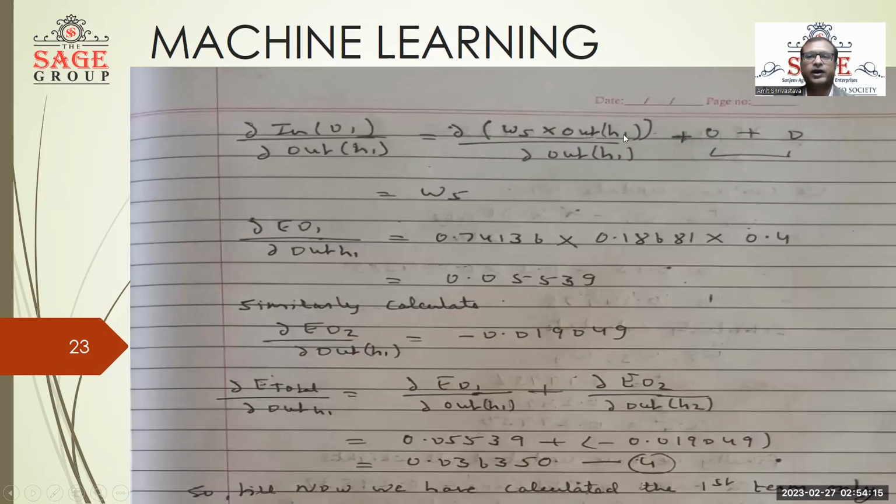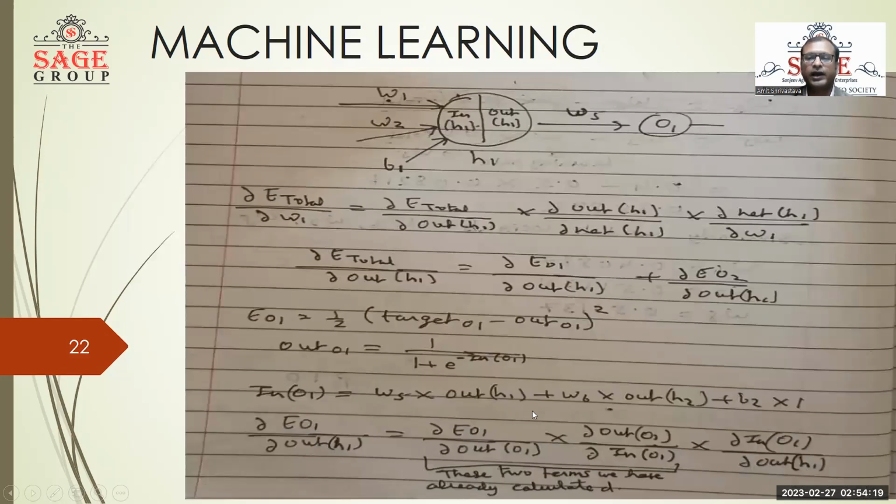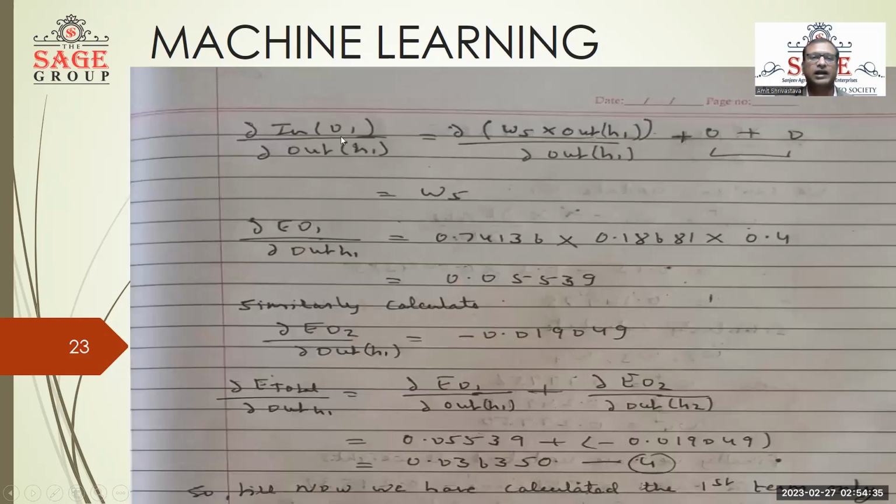W5 into out_H1 upon ∂out_H1, output will be W5 only. And when I partially derivate W6 into out_H2 and B2 into 1 with this out_H1, then it will be treated as constant and it will give the answer 0. So the final output of ∂in_O1/∂out_H1 is nothing but W5.